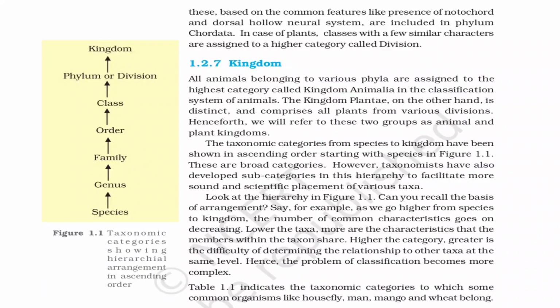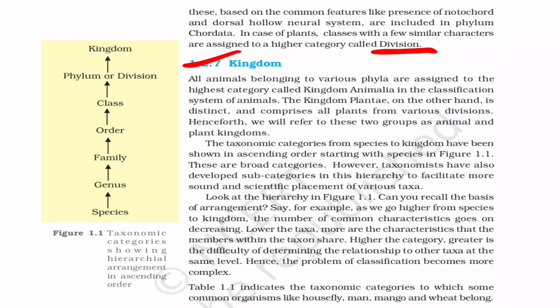All these are based on the common features like presence of notochord and dorsal hollow neural system, and are included in phylum Chordata. In case of plants, classes with a few similar characters are assigned to a higher category called division.